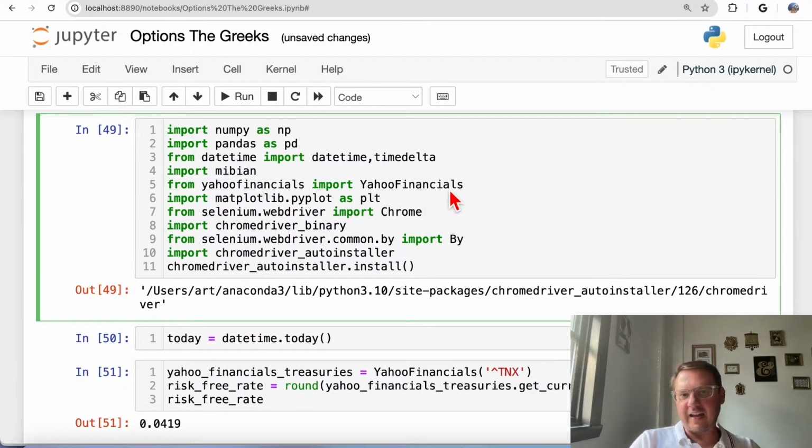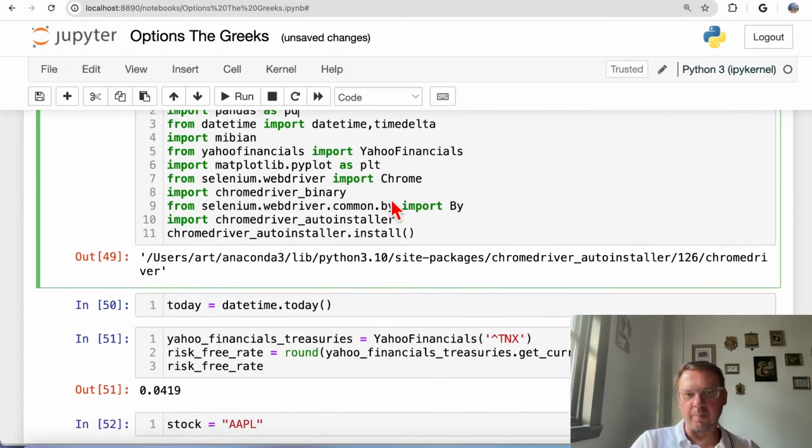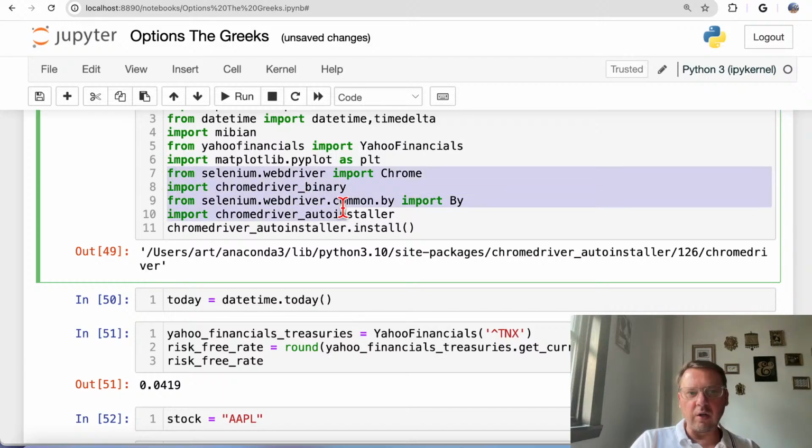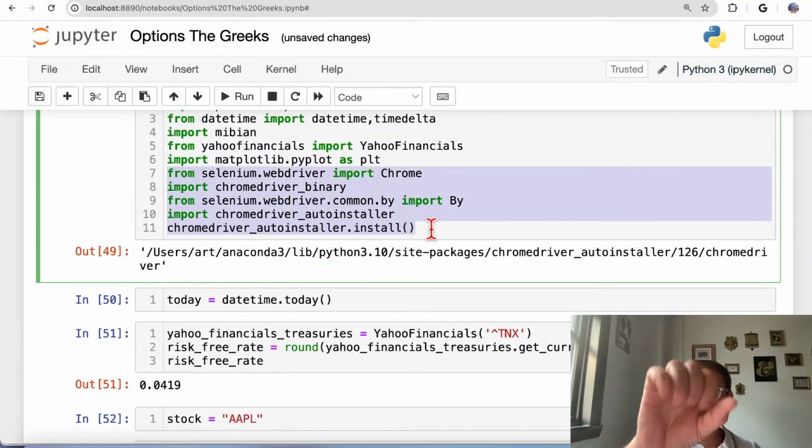So Yahoo Financials, I'll use just a little bit just to get some risk-free rate here. Matplotlib we're not going to be using today because Matplotlib is for plotting purposes. And all this is for Selenium that will go to Yahoo Finance and will grab that data.